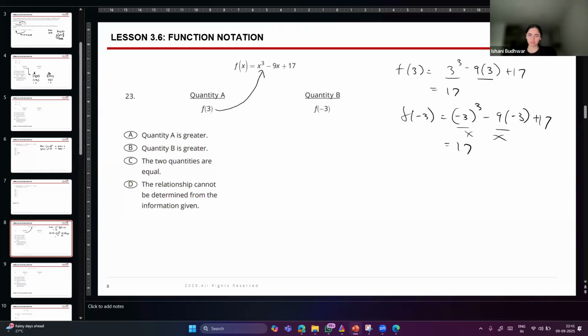So both are equal. Simple, right? Whenever the variable values are given, straight away just substitute. Nothing else to do.